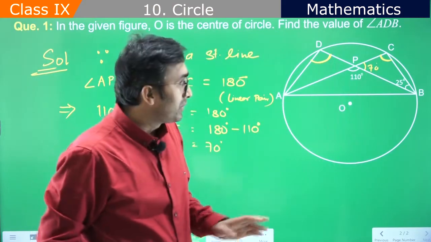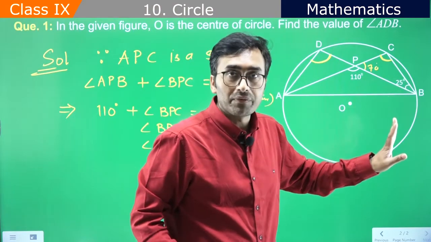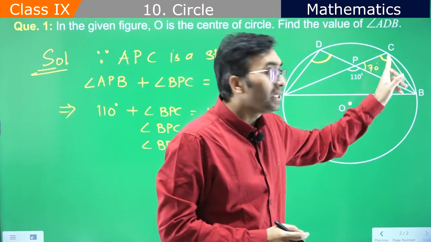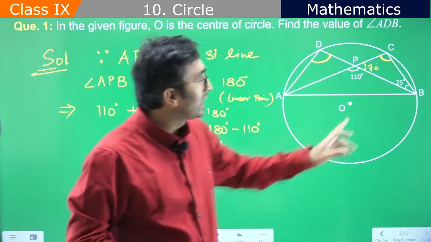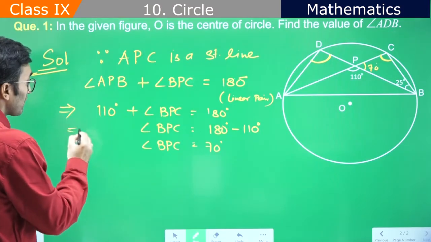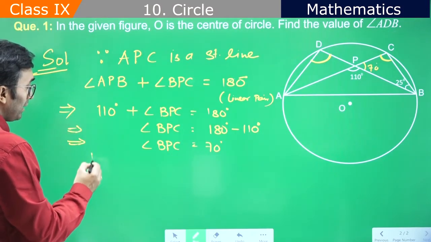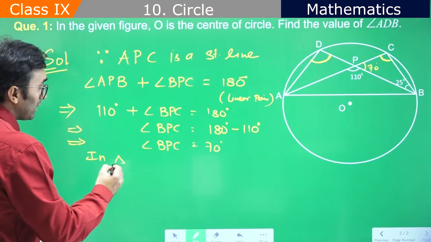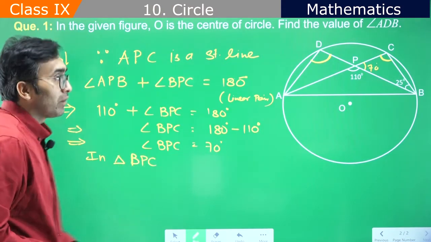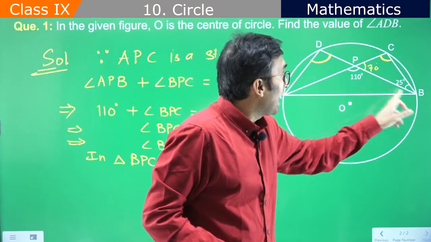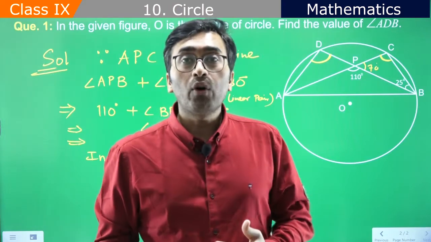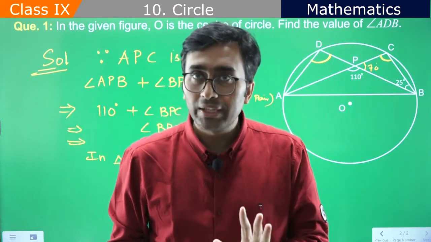One more thing to be observed now, this angle is given already, 25. So we can go to this triangle BPC. Now just observe the triangle BPC. So we can write, in triangle BPC, now see what we have. This angle BPC is given, and we know that the sum of all the angles in a triangle is 180 degree.